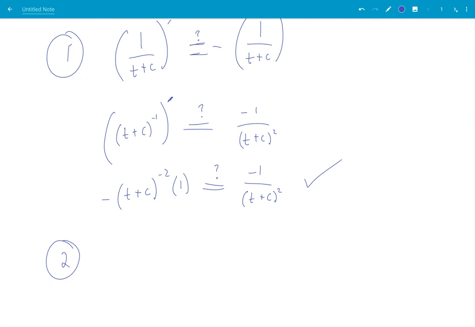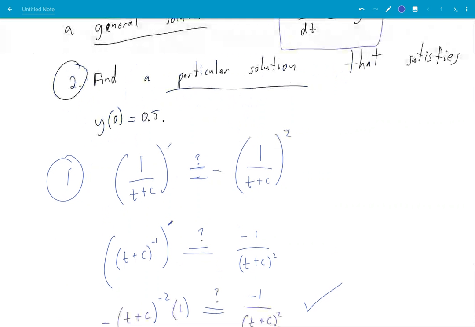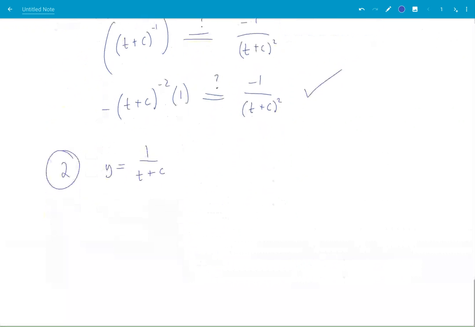Okay, so in part 2, I want to take my general solution and find a particular solution that passes this test here. So what is the test? When t is 0, I need y is equal to 0.5.